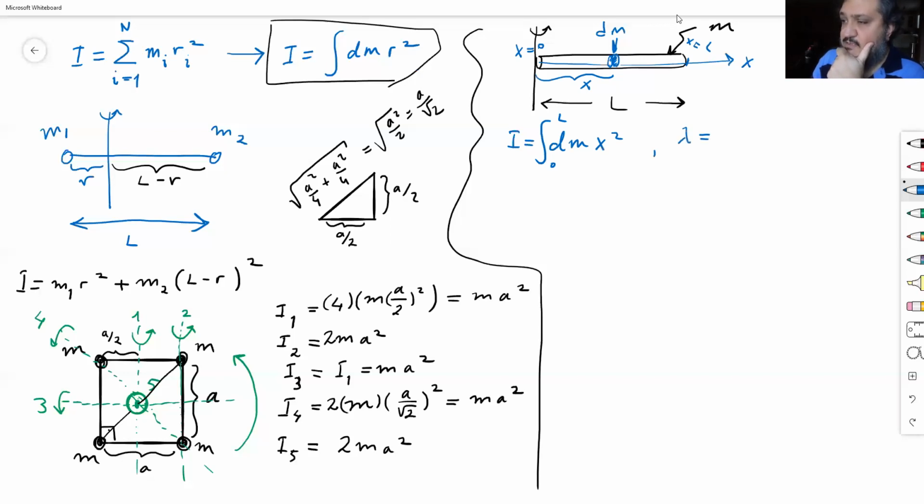A linear mass density, which is just M over total length, is needed here. This is coordinate independent. It's a uniform and also continuous mass distribution. Okay, so if I multiply this lambda by the thickness along the x direction, so this is just dx, infinitesimally thick section, I get dm.